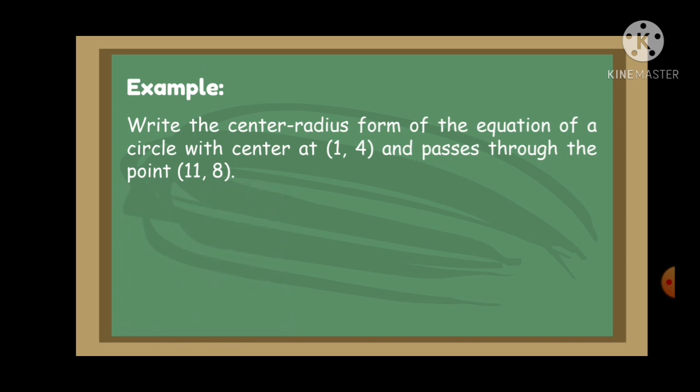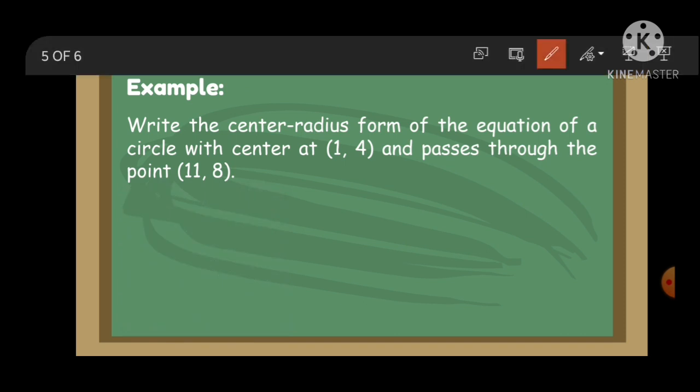Now let us solve first for the length of the radius. So this will be our x sub 1, then 4 is y sub 1, 11 is x sub 2, 8 is y sub 2. So the radius of the circle is equal to the square root of (x₂ - x₁)² + (y₂ - y₁)².